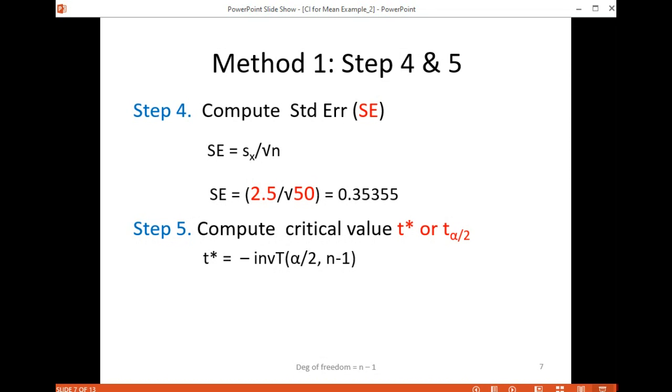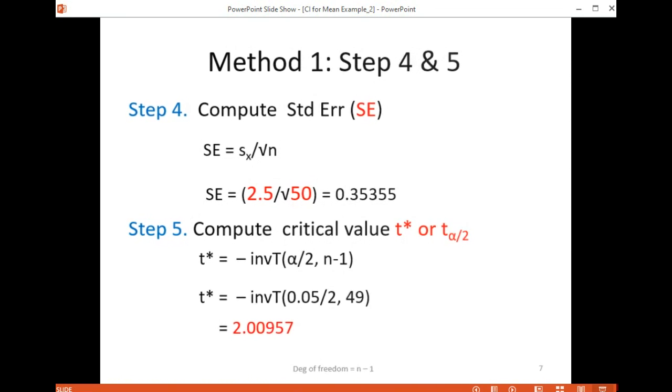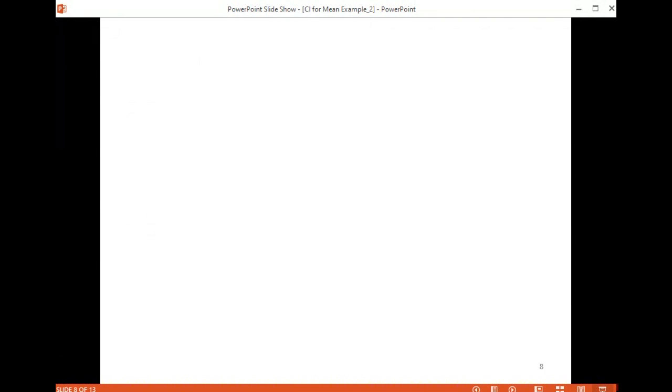So the degrees of freedom here is n minus 1, which is 49. You plug that in and you will get 2.00957. Those two values I want you to write down: 0.35355 and 2.00957.